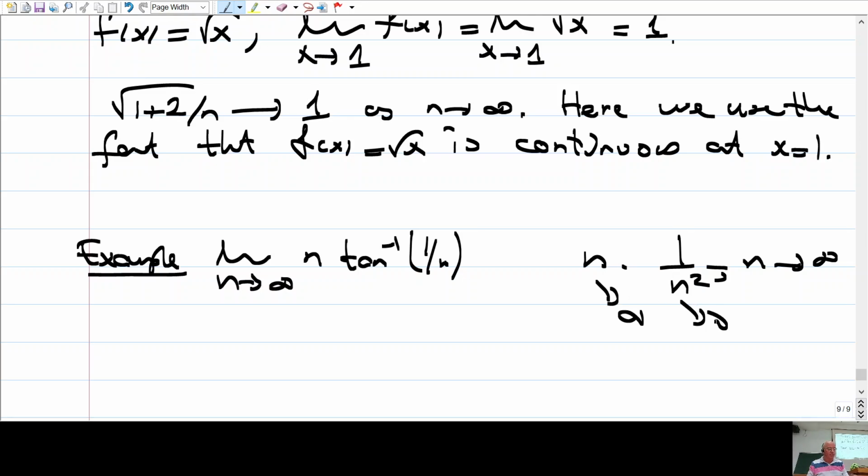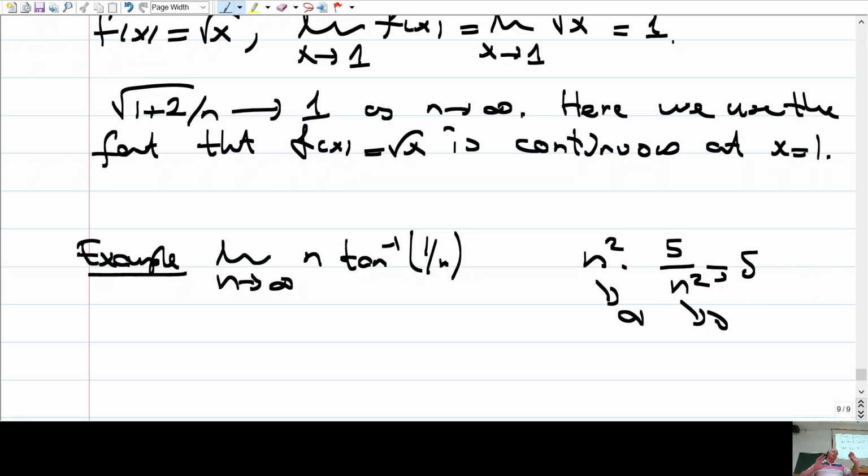This goes to infinity, this goes to 0, but the product is 1 over n and it goes to 0. Or it could be like this. This goes to infinity, this goes to 0, and this is, say, 5. So the result is just 5, right?